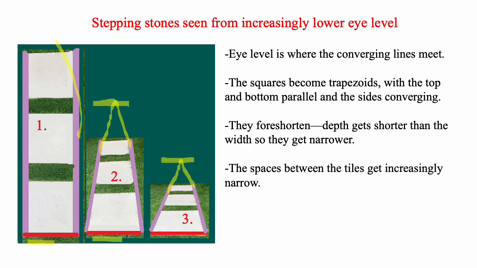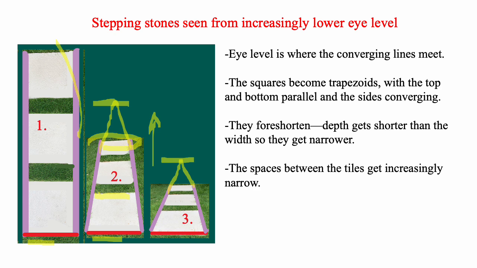The tiles resemble trapezoids, where their tops and bottoms are parallel and their sides are converging. They flatten with distance because their vertical length going into the distance gets smaller than their width. In other words, the distance direction foreshortens.